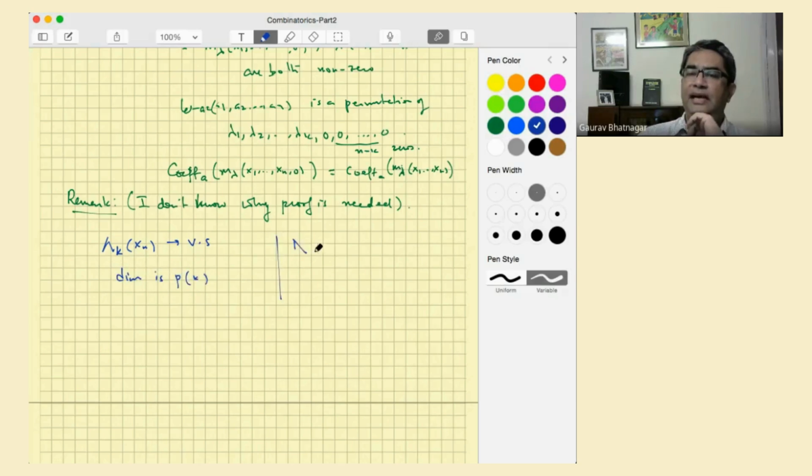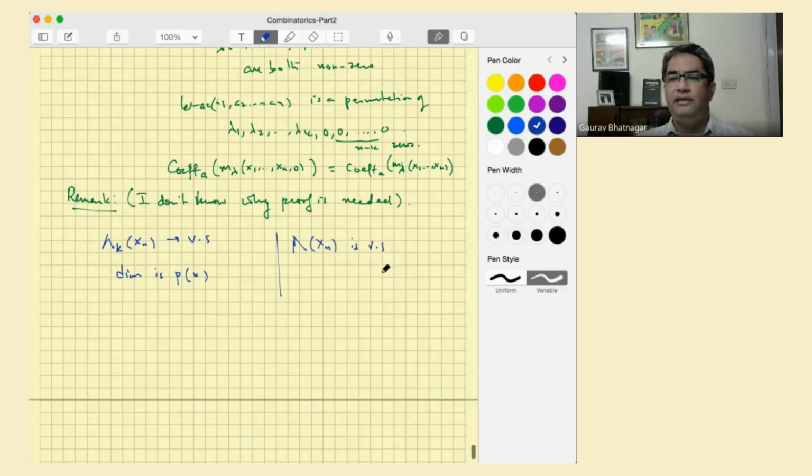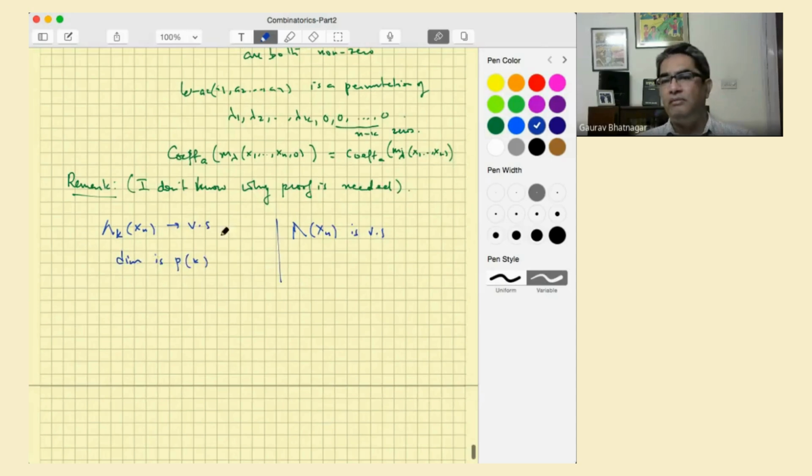We know this is a vector space, but we don't know anything about its dimension. It's infinite dimensional, which is clear, because it's a sum of all these. And the m_lambda of x_n generate this vector space.